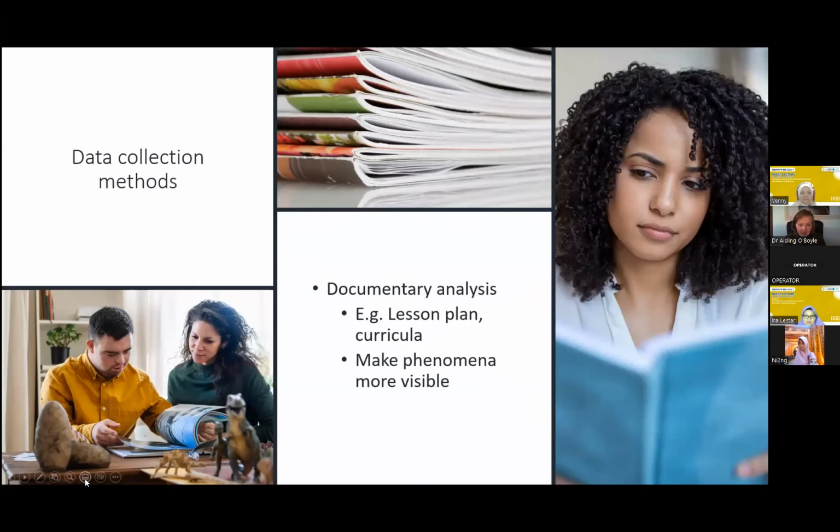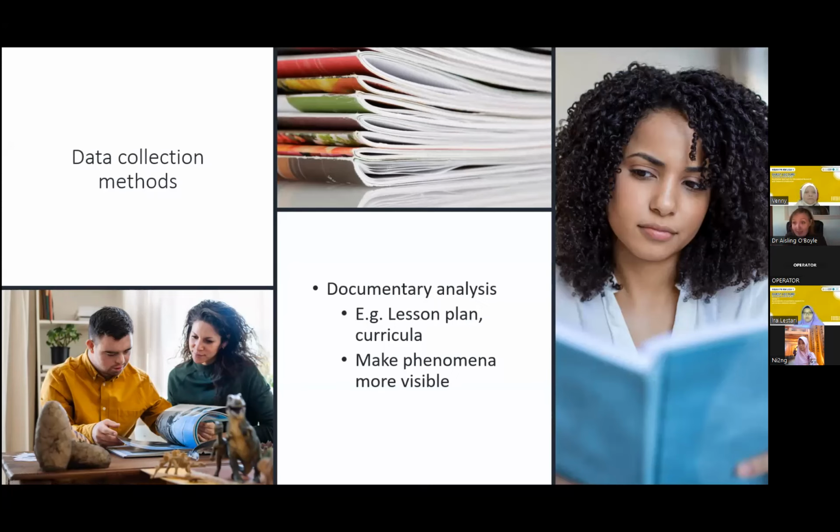You could be doing observations for a year, but over that period of time. Documentary analysis, we did mention the different types of documents that you can analyze. One of the strong rationales for undertaking documentary analysis is making phenomena more visible. By that, say we've got our example here of people looking through a textbook. One of the things that you might be interested in is how men and women are represented in textbooks.